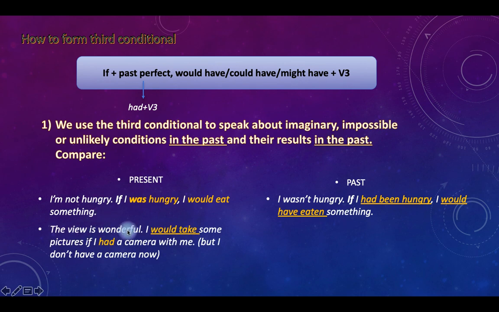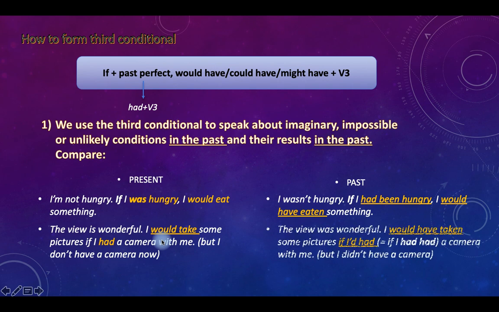The view is wonderful. I would take some pictures if I had a camera with me. But I don't have a camera now. This is an unreal condition in the present. And this one is an unreal condition, but in the past. The view was wonderful. I would have taken some pictures if I'd had a camera with me.